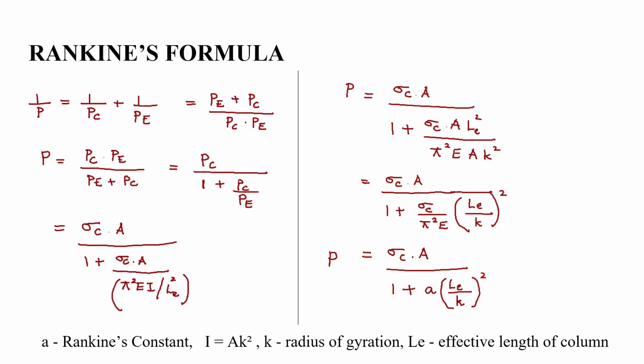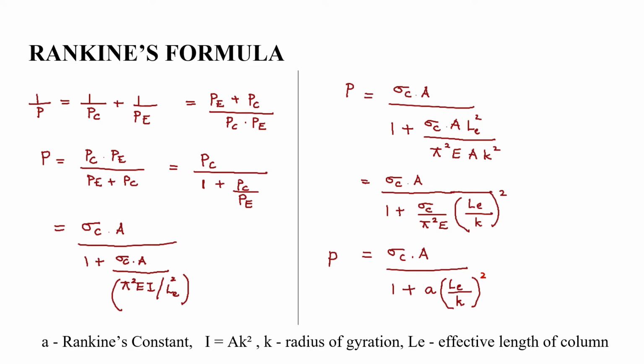Le is the effective length of the column. So P is equal to sigma c into A divided by 1 plus sigma c by pi square E into (Le by k) whole square. Here I can take sigma c by pi square E as a constant, known as the Rankine constant, that is, sigma c into A divided by 1 plus a into (Le by k) whole square, which is the Rankine's crippling load.